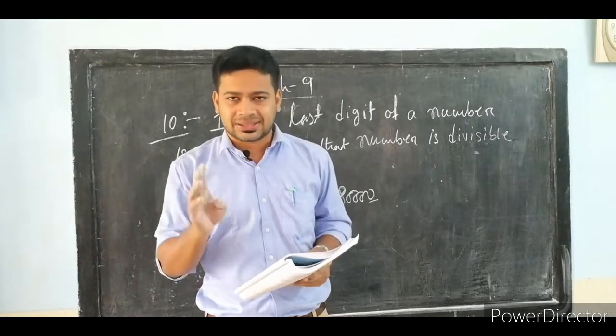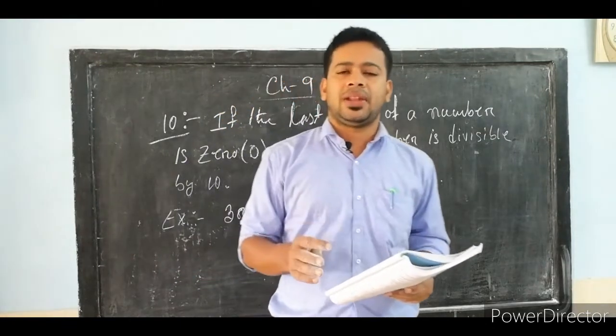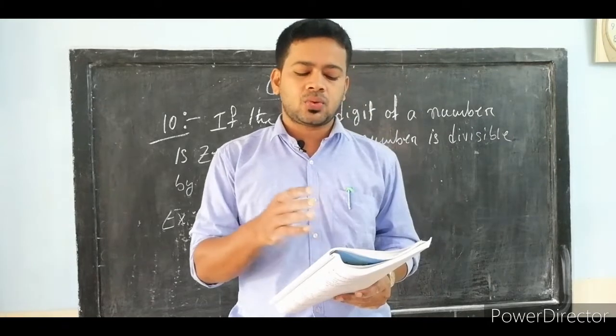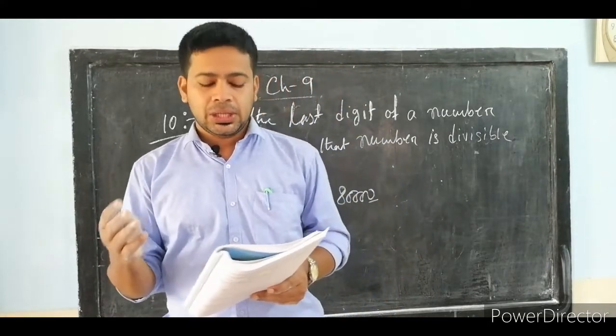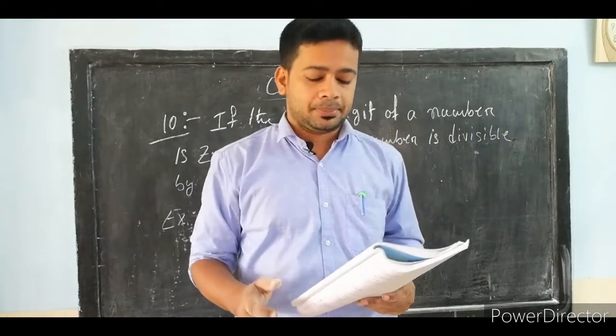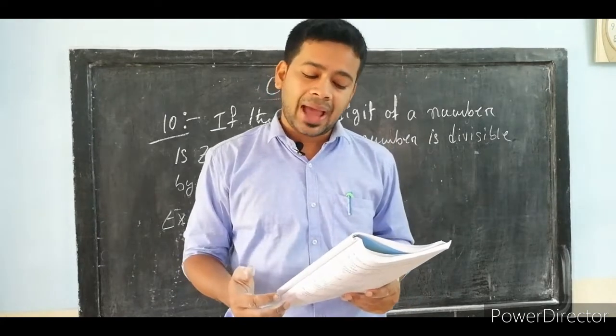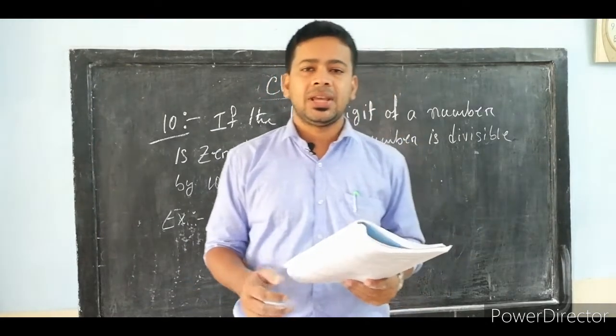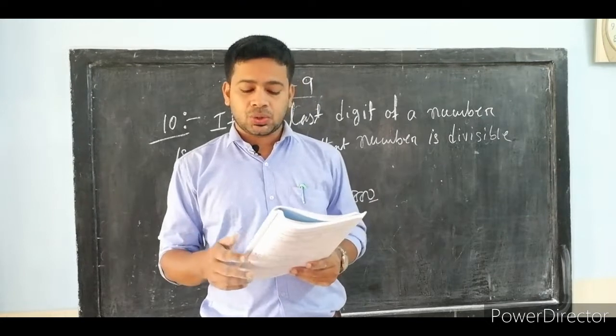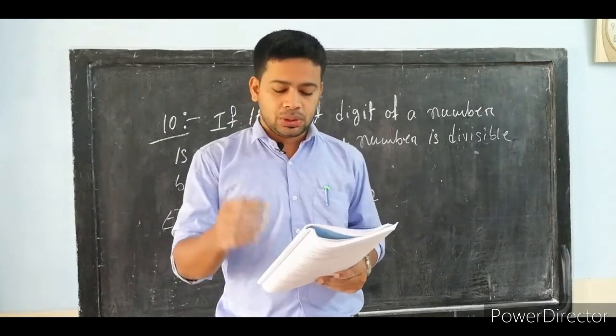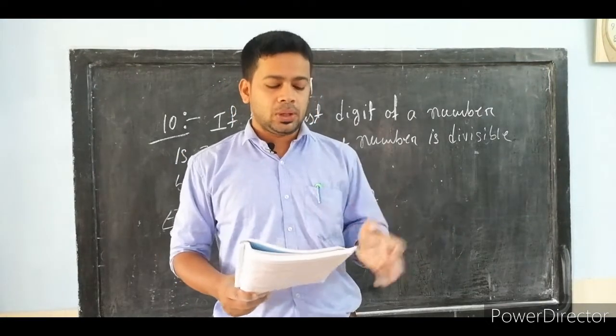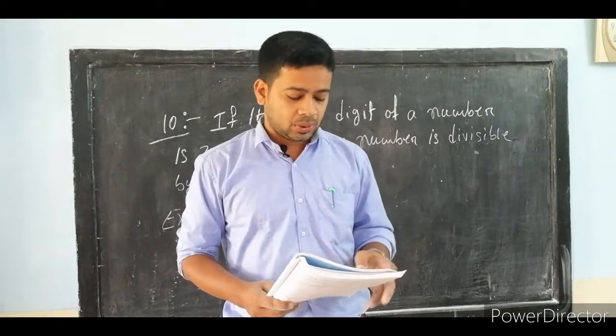The last digit is 3, which is not an even number. So 91,273 is not divisible by 2. We will not tick it. Next, number I, 42,406. The last digit is 6, so it is divisible by 2. You will tick. In this way you will do all of question number 1 in your copy.